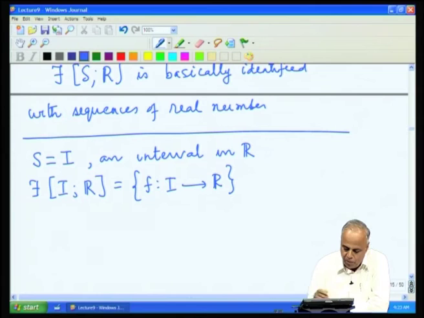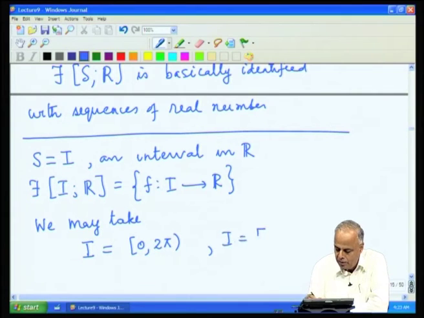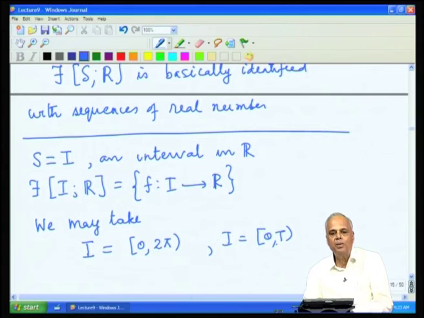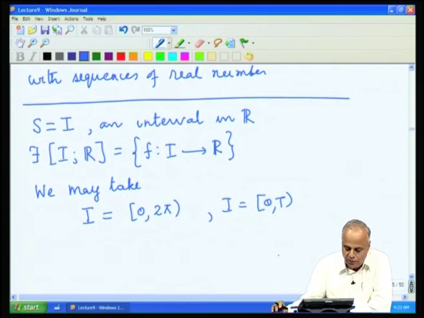Now, for example, we may take I to be the interval, for example, 0 to pi, or I to be 0 to t. Now, these are the types of functions we will be looking at when we talk about periodic functions and Fourier series.